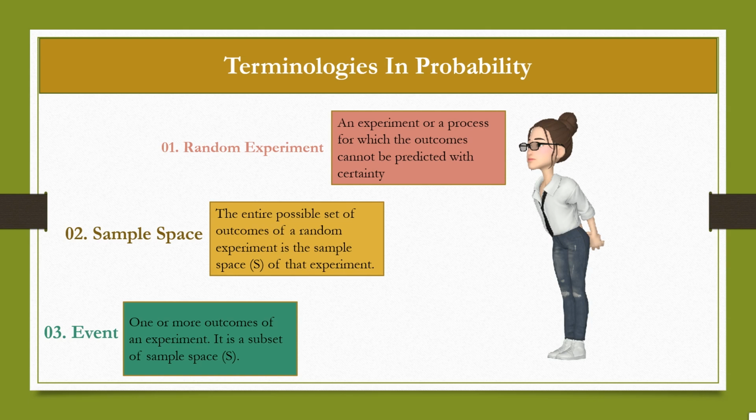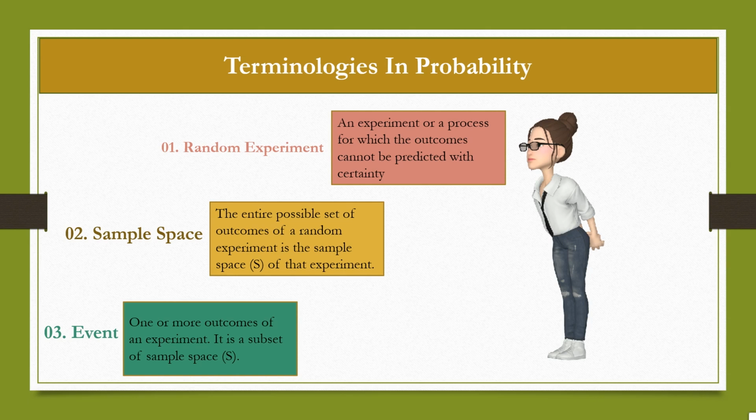Finding this probability is a random experiment. The sample space is your entire possibility: 1, 2, 3, 4, 5, 6 faces, and out of that you need to find the probability of getting a 2.